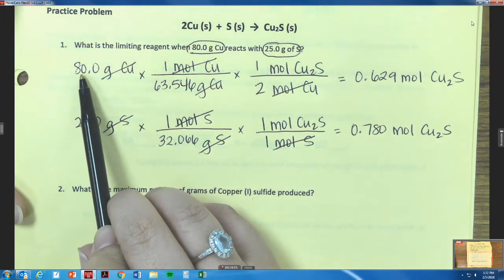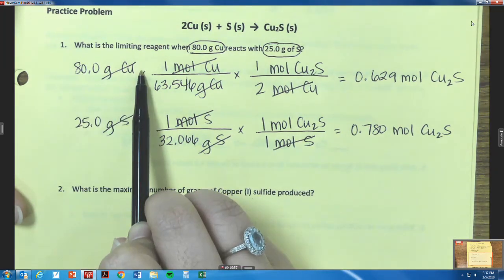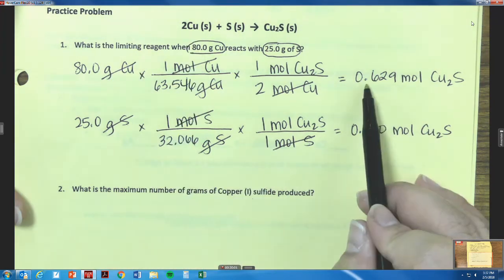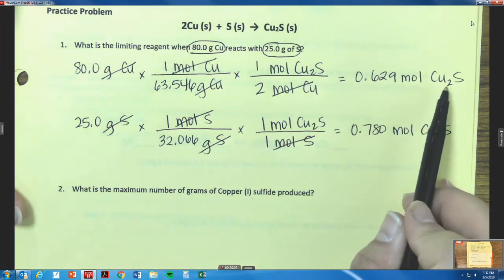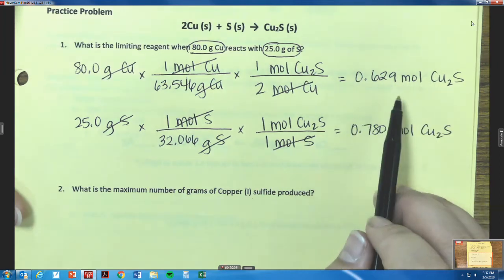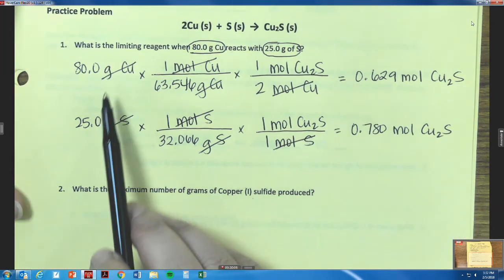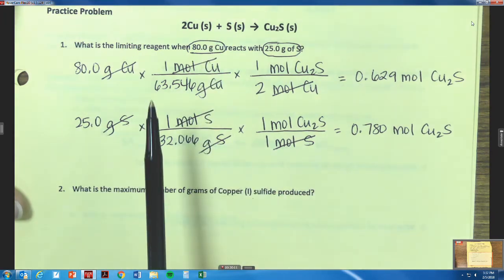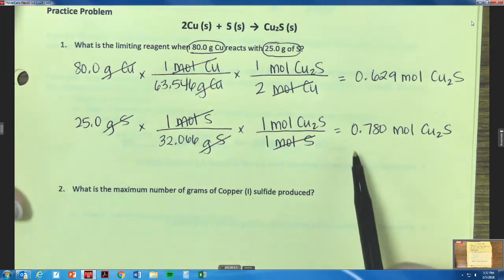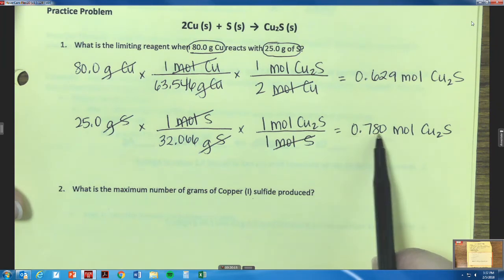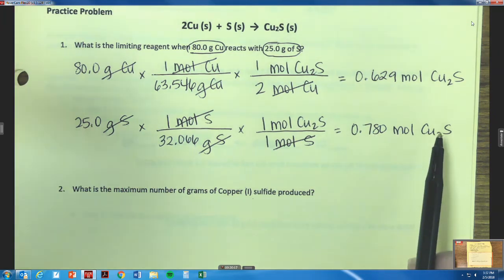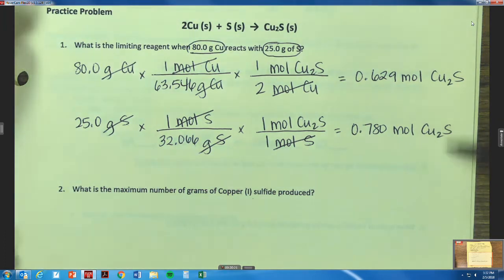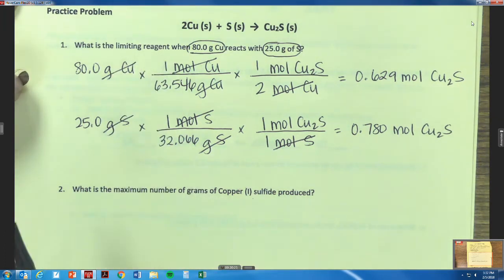Okay, so again, what our calculations are saying is that if I had 80 grams of copper as my reactant, then it's going to produce 0.629 moles of my product. That's how much I'm going to be able to make. And if I had 25 grams of sulfur, my other reactant, then I'll be able to produce 0.78 moles of copper sulfide. So remember, which one is going to be our limiting reagent?